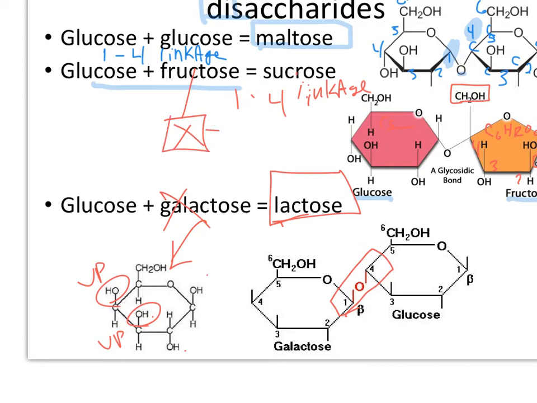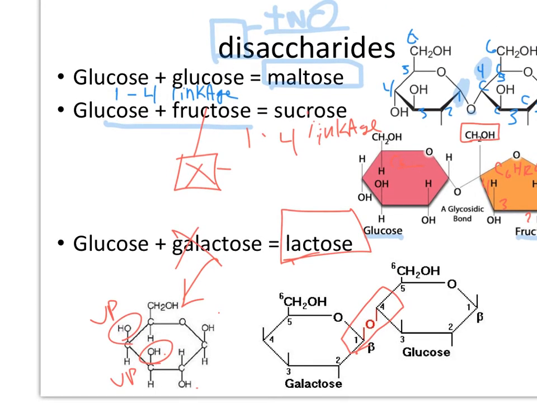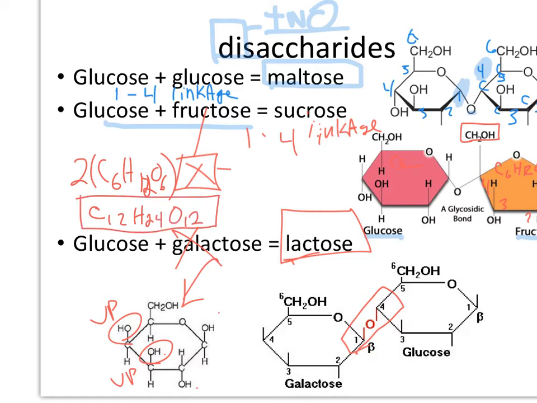What I do want you to get with this, though, is that these are all going to be 2 times C6H12O6, right? So these are all just 2 sugar molecules. The chemical equation of them, so like if I did this and I said, this is C12H24O12, the chemical equation is exactly the same for all 3 of these molecules.